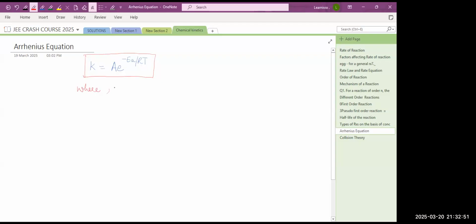Where A is a constant, also known as the pre-exponential factor, and it is also known as the frequency factor.